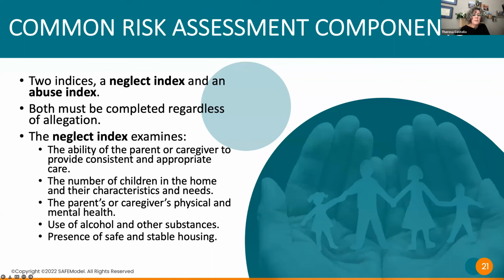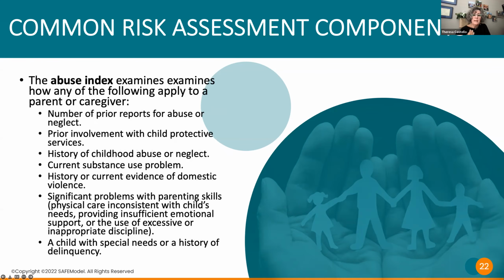Just to give you a few examples, in a neglect index, in one of the more commonly found risk assessment models, the ability of the parent or caregiver to provide consistent and appropriate care would be one of the items. Number of children in the home and their characteristics and needs. The caregiver's physical and mental health, alcohol or other substance abuse in the family, and safe and stable housing. Those are factors used to assess for risk in a neglect index.